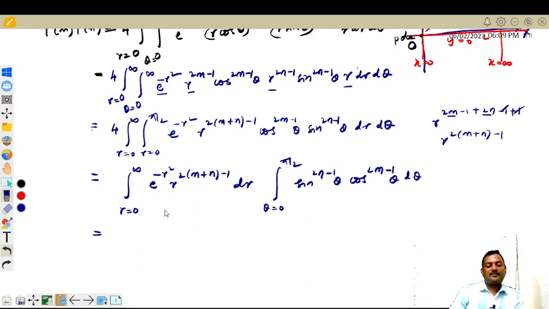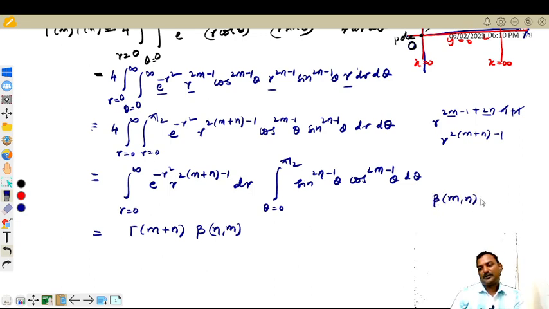Students, the first result is gamma of m plus n. Second result is beta of, since first value is n, we can write here n comma m. Okay. And also there is a property that beta of m comma n is also the same as beta of n comma m. So for that purpose, left side is gamma of m into gamma of n.